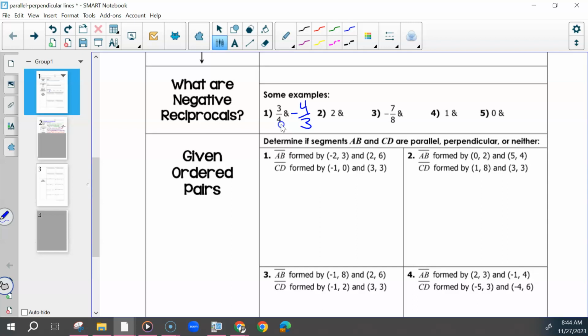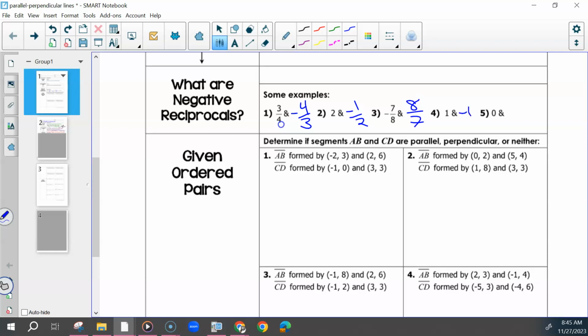I take it and I flip it and I make it negative: negative 1/2. Negative 7/8 would be positive 8/7. What about 1? Negative 1.